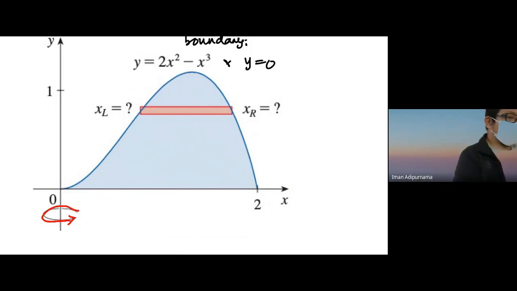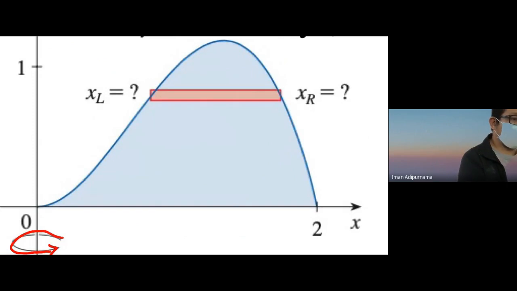So what we are going to do is take the rectangle here, and let's say we rotate it through here. Now, if we rotate just this part, we will get a cylinder.